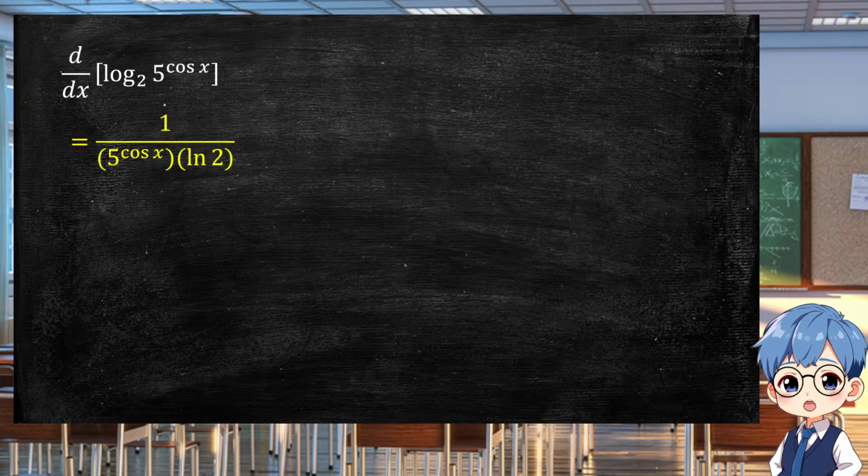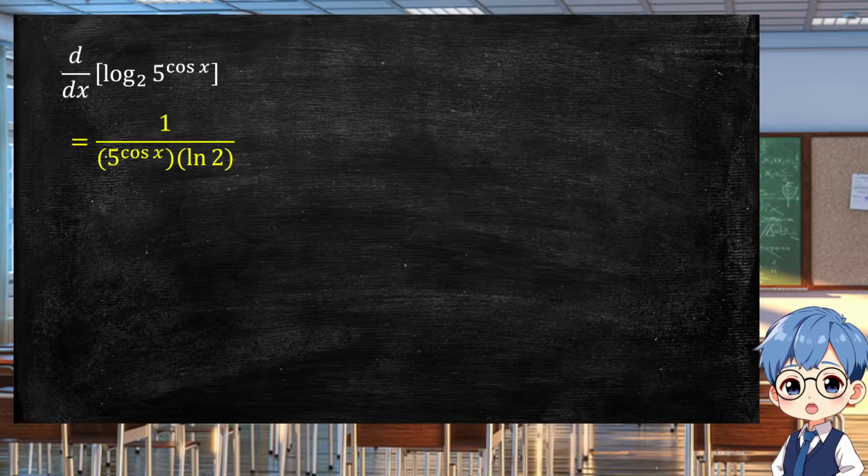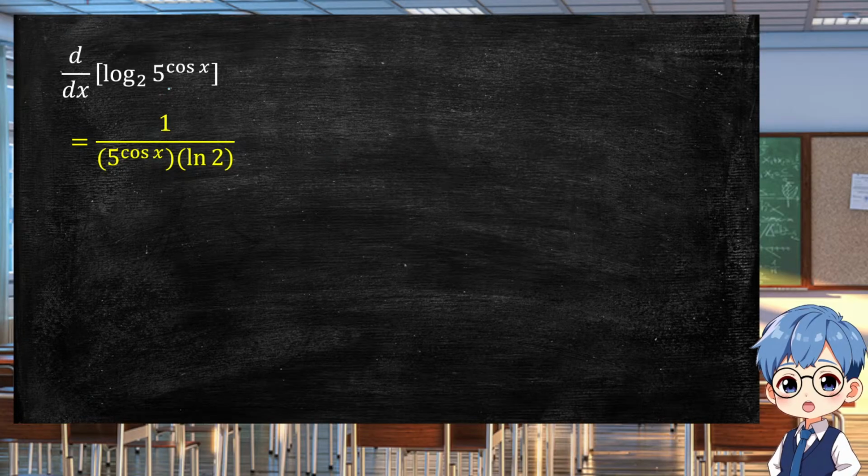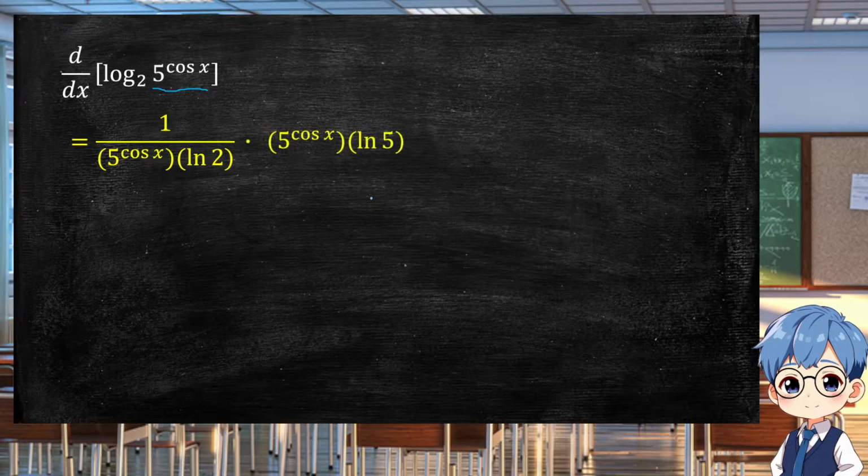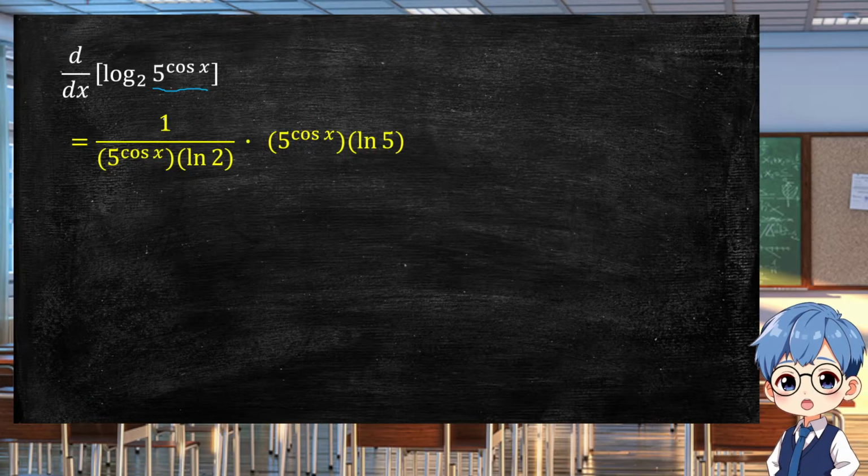So we have 1 over 5 to the power of cos x. Then again, the base is 2, so we have ln of 2, or again we can write ln 2 first before 5 cos x. Then times the derivative of 5 cos x, which is 5 cos x times ln of a. So our a is 5.